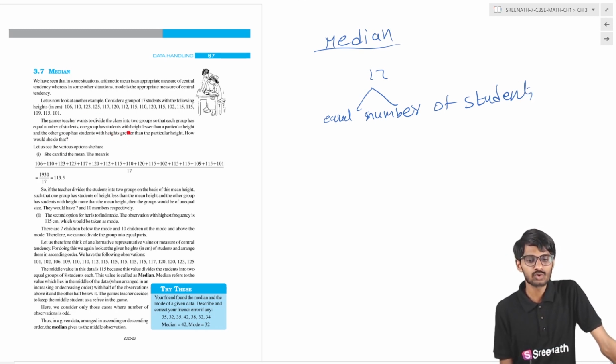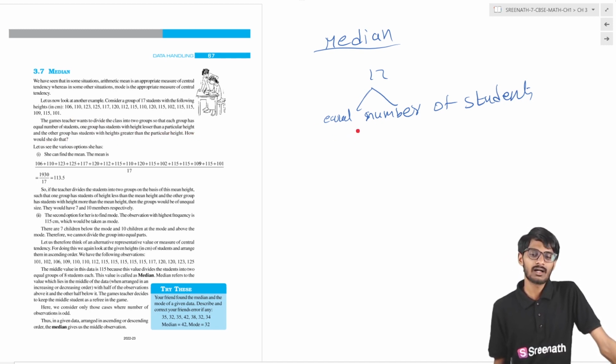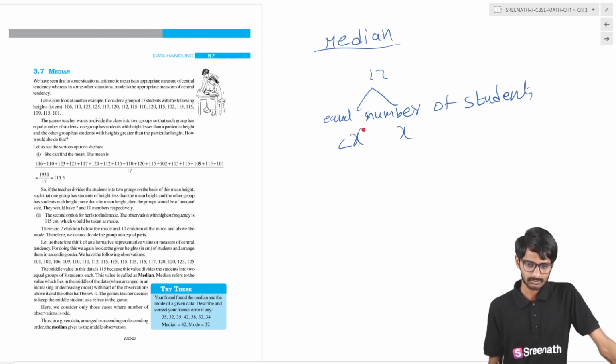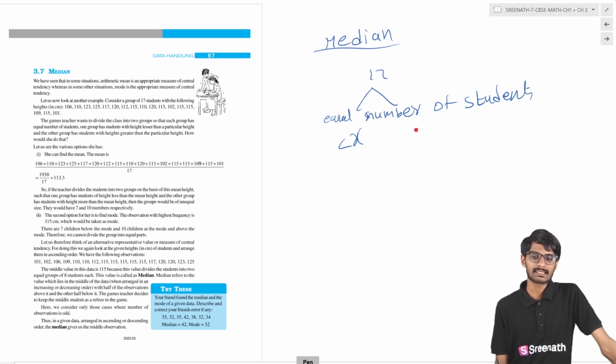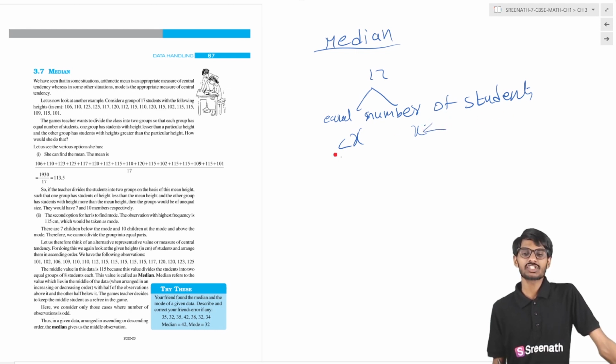So one group has students with height lesser than a particular height. Suppose there is an x, let us assume. She wants all the persons in this group to be lesser than x, and in the other group all the persons to have height greater than x. Like that she wants to divide it.